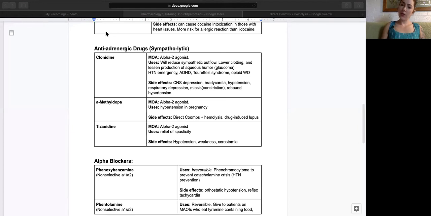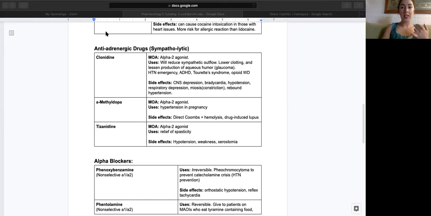Why opioid withdrawal? Let's think. Opioids will actually cause kind of a rest and digest response, right? So when someone's withdrawing from opioids, their body will actually throw itself into more of a sympathetic state.